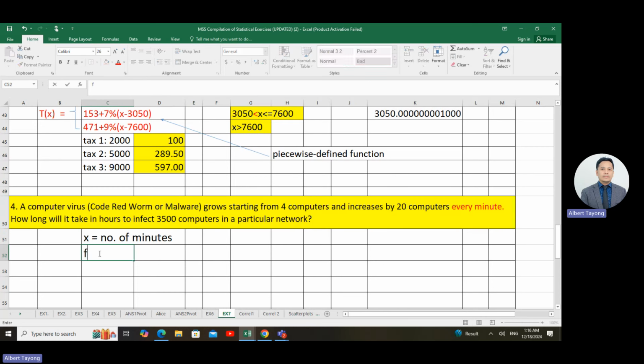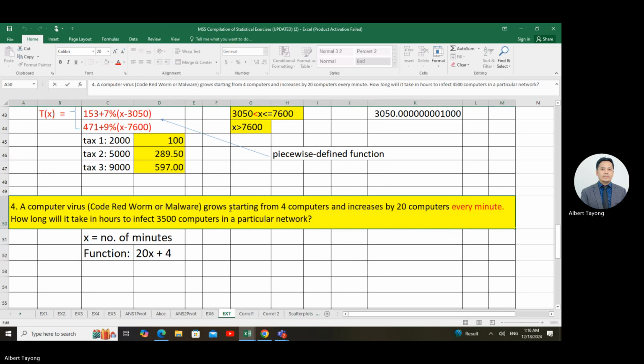So our function is 20x plus 4, starting from 4. Okay, so 4 here is fixed, will not change. It is the starting point.